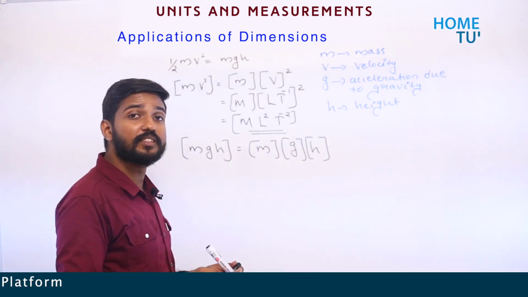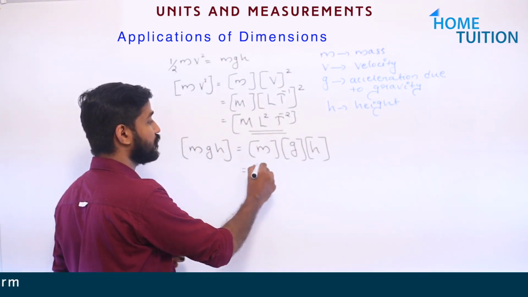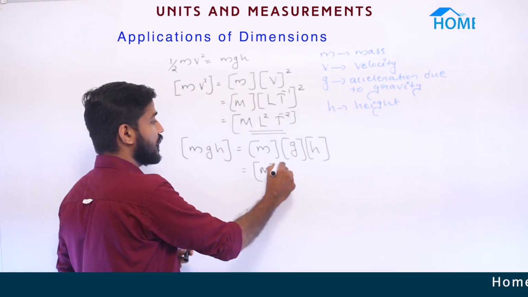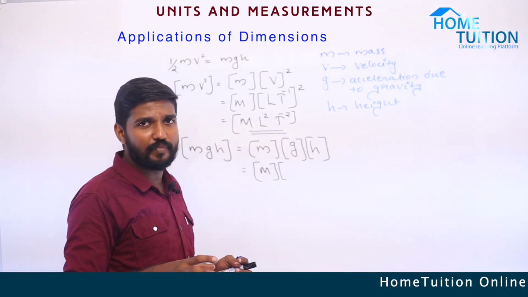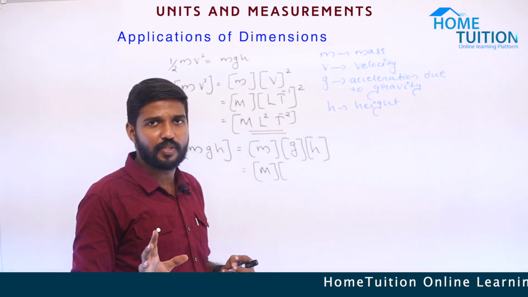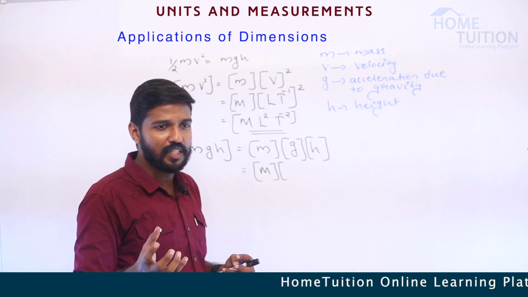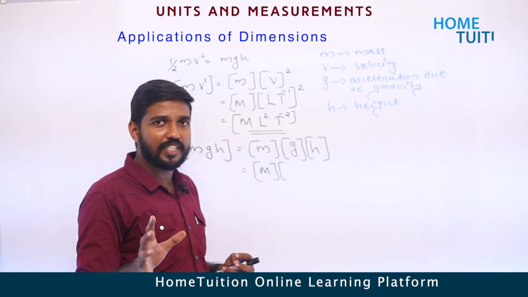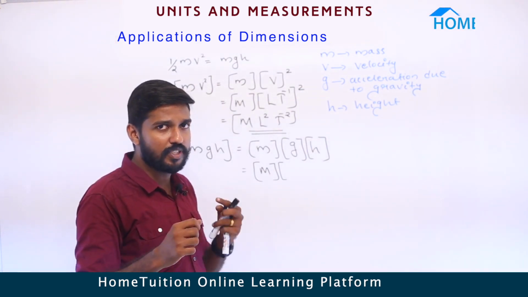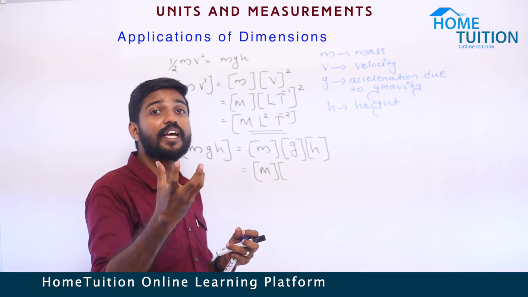What is the dimension of mass? Again it is M. See, acceleration due to gravity is basically acceleration. You don't have to worry, it's not a different quantity. Actually it is the acceleration of an object under the influence of gravitational force.